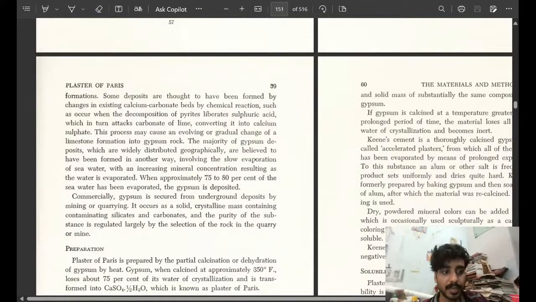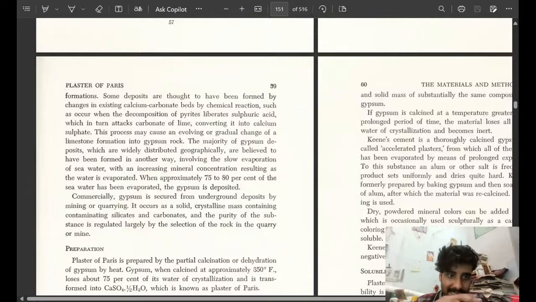The majority of gypsum deposits, which are widely distributed geographically, I mean around the globe, are believed to have been formed in another way, involving the slow evaporation of seawater, with mineral concentration increasing as the water was evaporated.